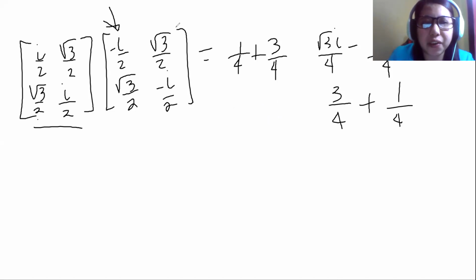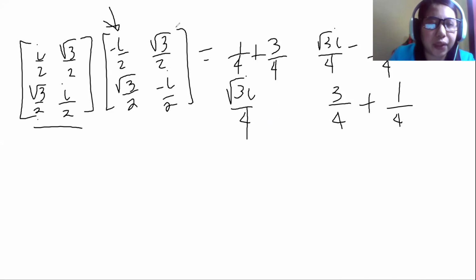So negative 3i over 4 and then negative 3i over 4 plus i square multiplied by negative 3 squared is also positive 3i over 4.